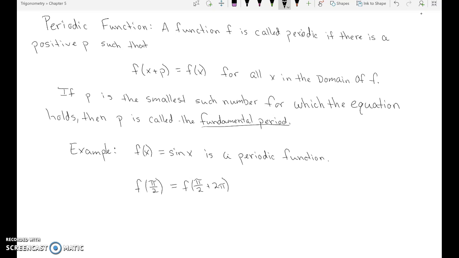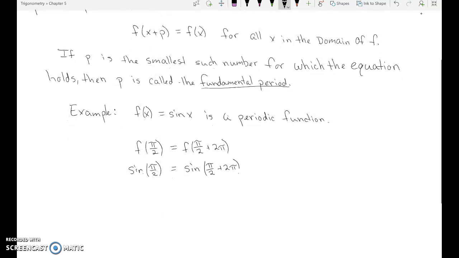So if I were to stick in sine of pi halves, then that would be the same thing that I would get if I were to stick in sine of pi halves plus 2 pi. These two expressions would give me the same exact thing. And so this is what we call a periodic function.